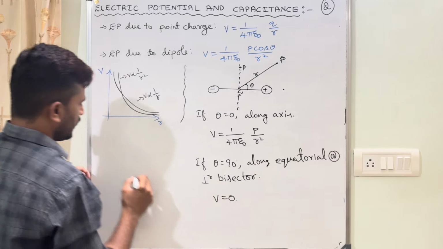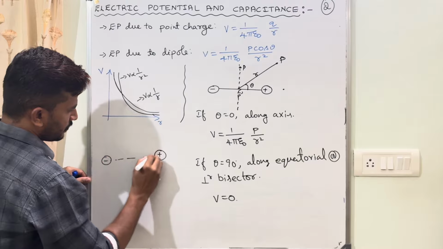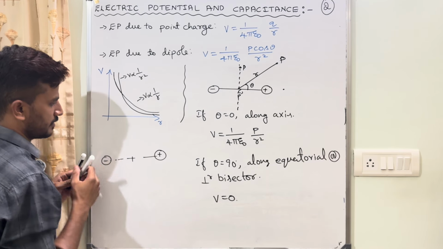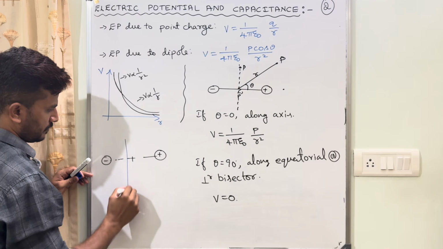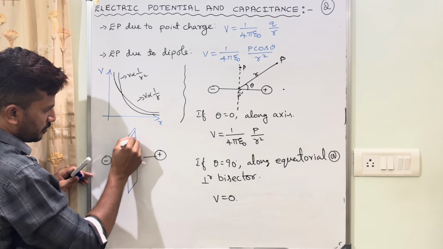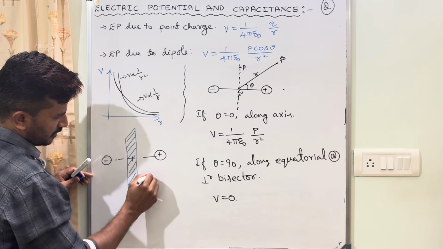That means if we take a dipole and here if we draw a plane perpendicular to it like this, on this plane electric potential will be 0.